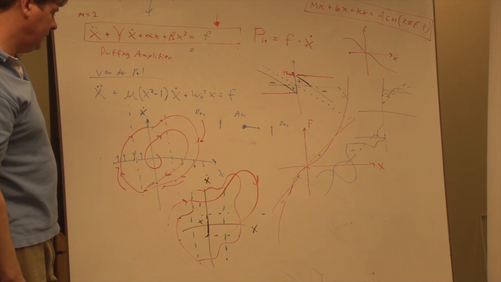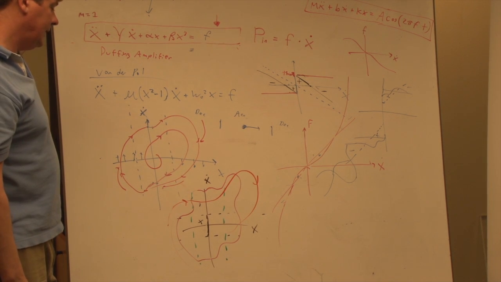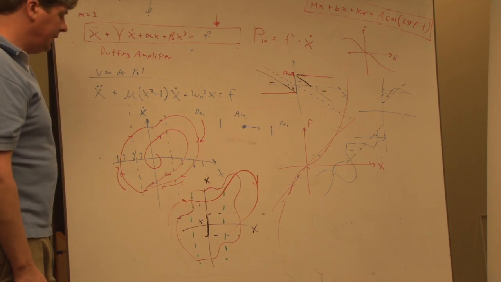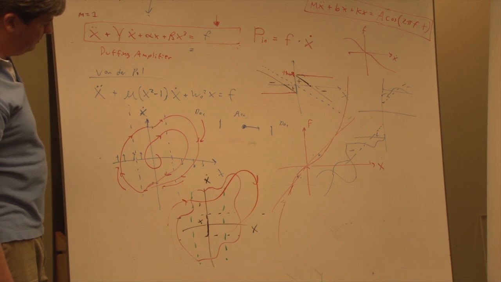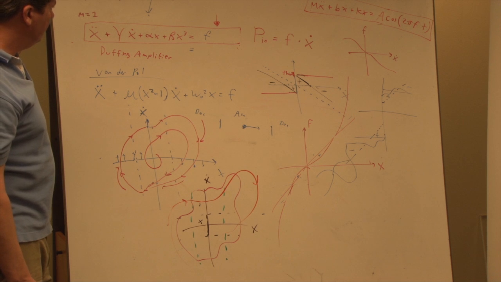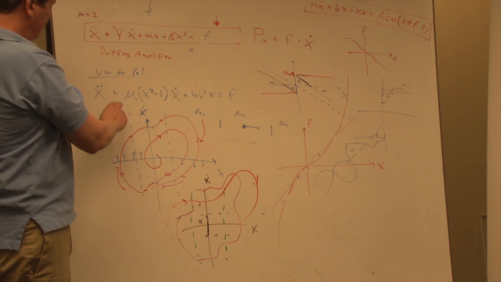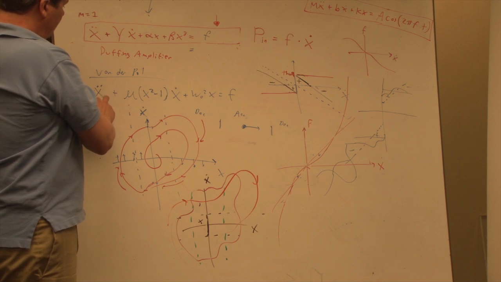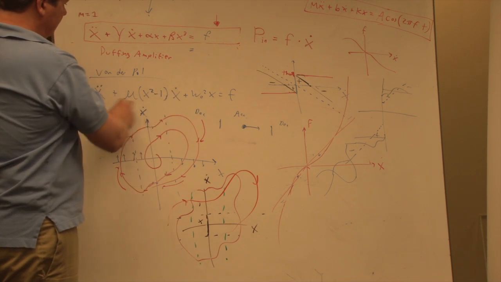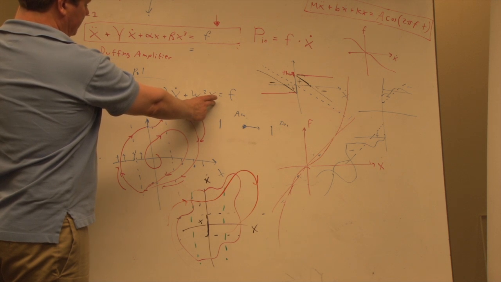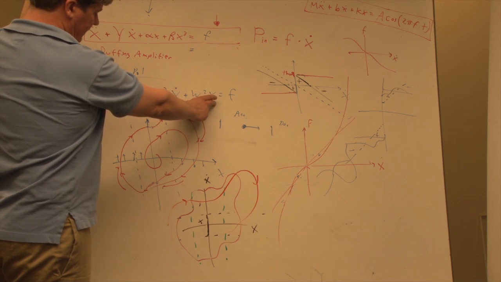It'll keep on oscillating. Whether or not that oscillation is a limit cycle or something chaotic is a whole other can of worms. One nice thing about a Duffing oscillator or a Van der Pol oscillator is that if it's only second order, so you have just x dot and x as your state variables, you can't have chaos with a second order system. You need at least 3 variables to have chaos.